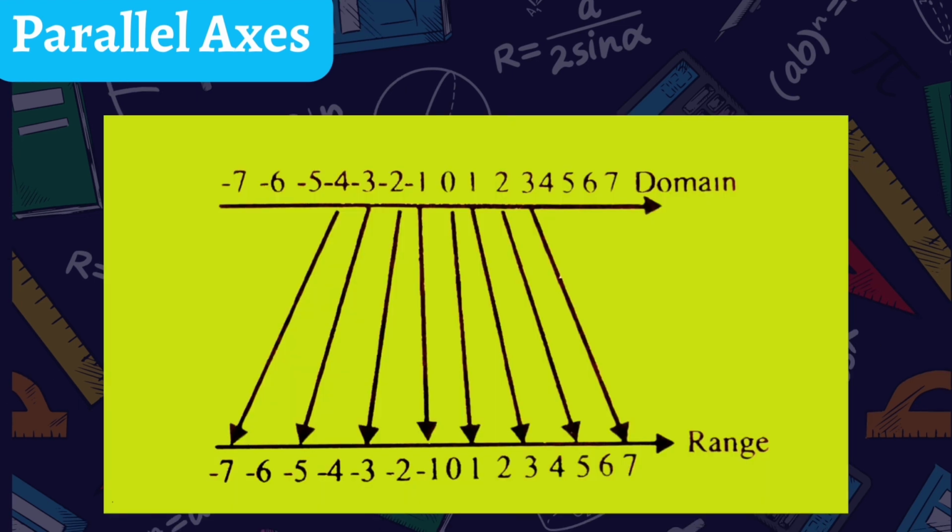This connection is made possible by obeying the mapping rule. An example of a parallel axis is what you can see on your screen right now. We can see that arrows are progressively drawn from the domain to connect to the range, and this is done by obeying the mapping function.